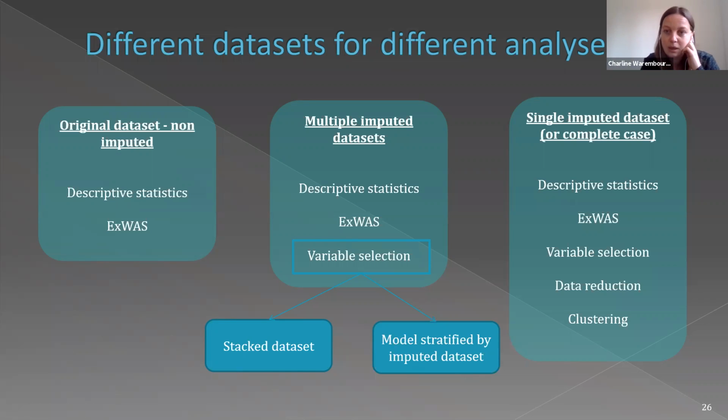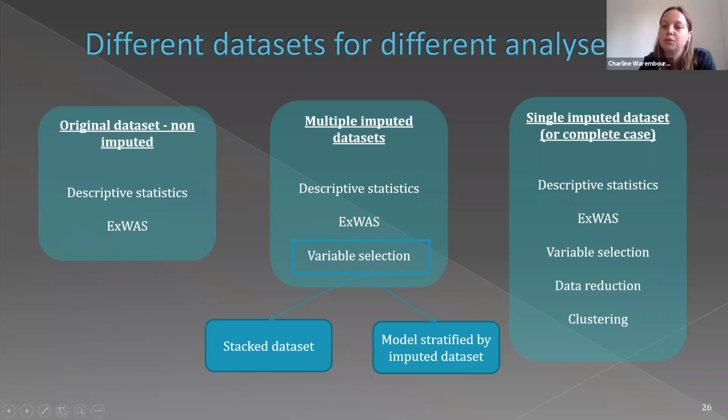And you can also have a third type of data set, which is a single imputed data set. Or if you are lucky and you don't have any missing data, you may use a complete case analysis.